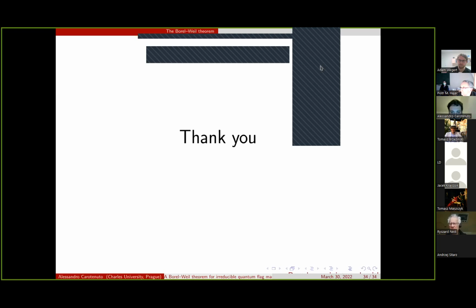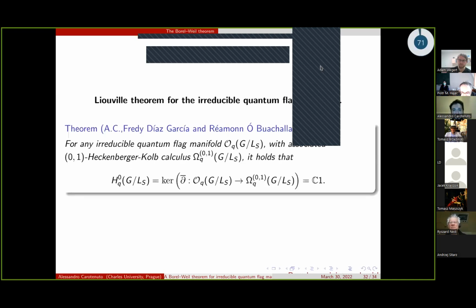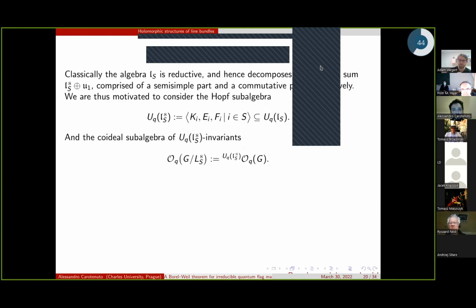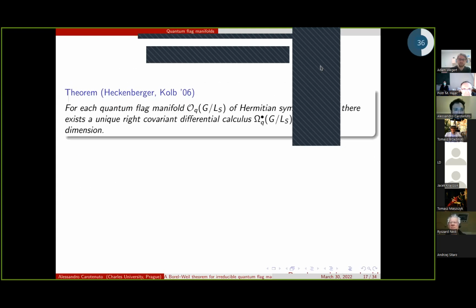There are spectral triples for, well, Ludwig and Francesco defined the spectral triple for CPN, if I remember well. And then people defined the spectral triple also for, let me show you. So let's go back to the table of irreducible quantum flag manifolds, shall we?